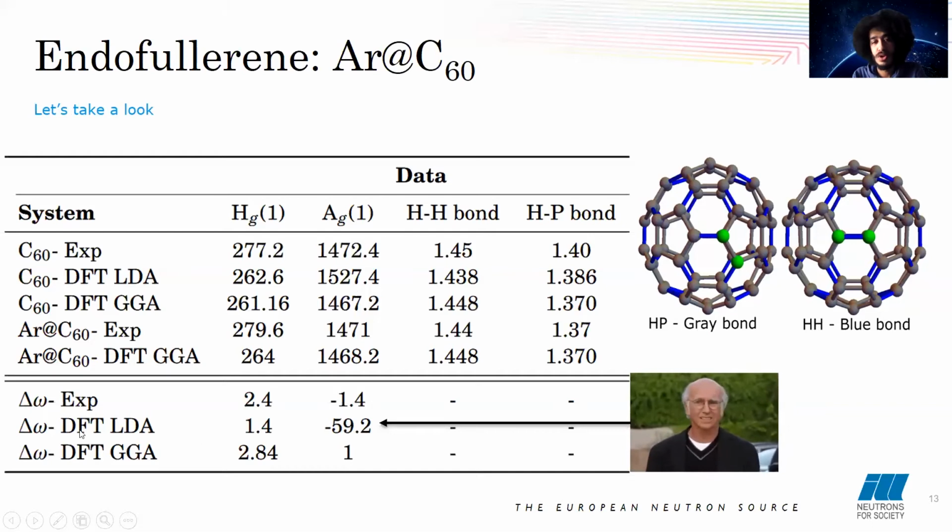So this is just another proof to discard the LDA-based functionals, whereas for those based on GGA functionals, even if there is a little bit of difference between the experimental results and the simulation ones, the differences are still a pretty good agreement. And so we can keep using the results that come from a GGA calculation as a base for the rest of our work.